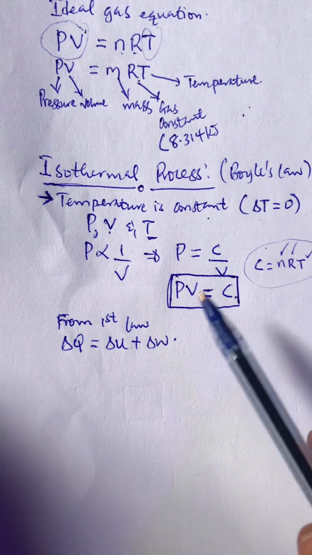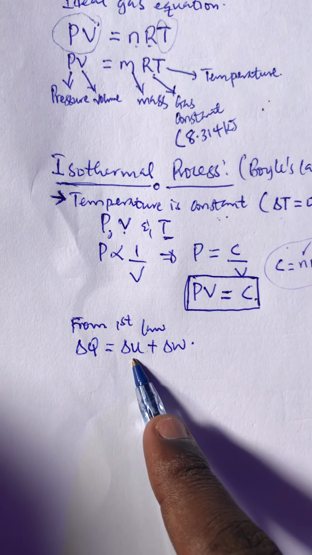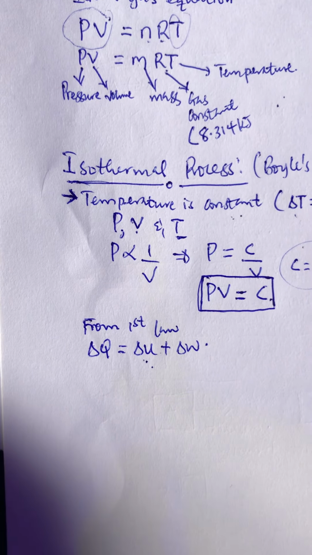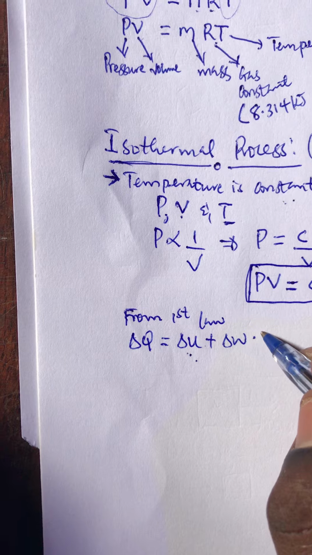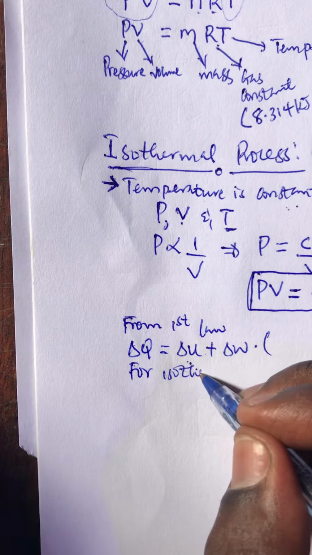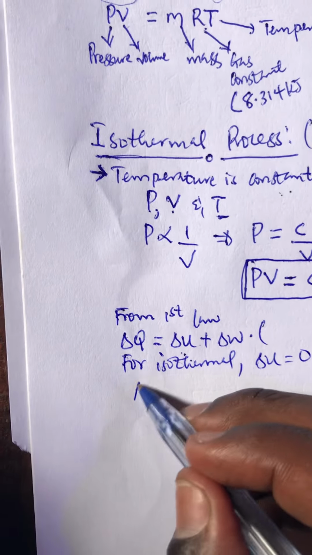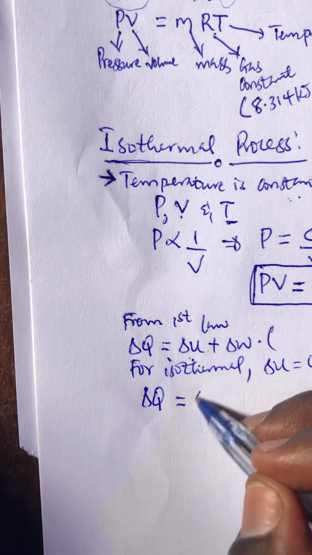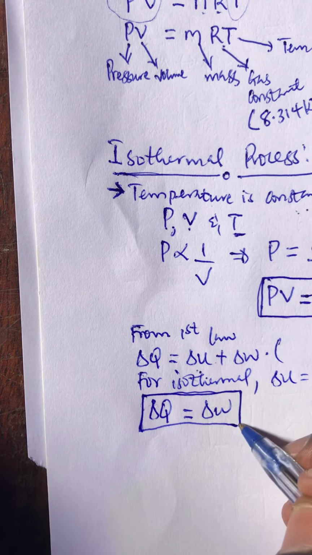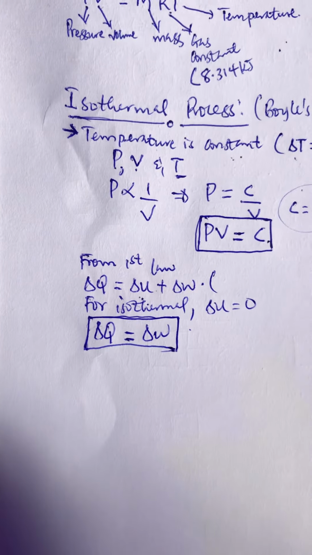Now, if temperature is constant, internal energy is also constant. If the change in temperature is 0, change in internal energy is 0. Therefore, for isothermal, change in U is 0. Therefore, the heat supplied to a system is only doing work on the surrounding. So the heat supplied is only used to do work. That is the isothermal process.